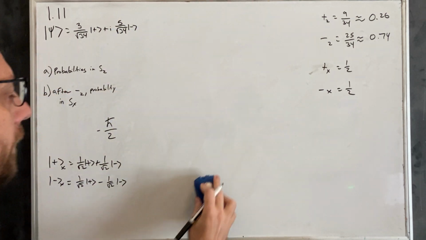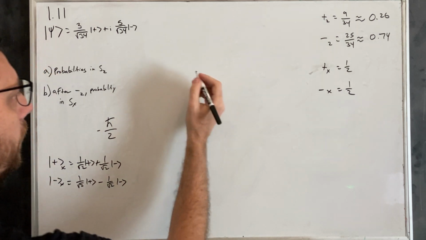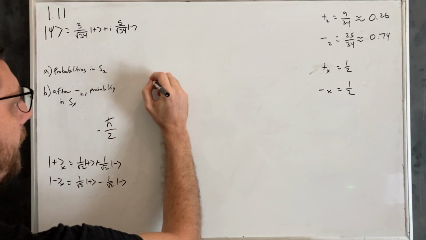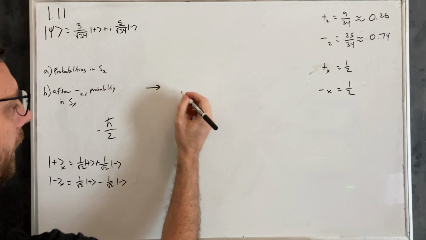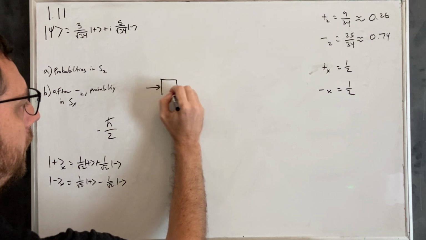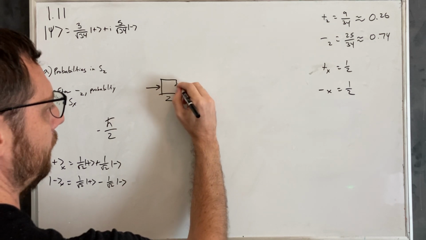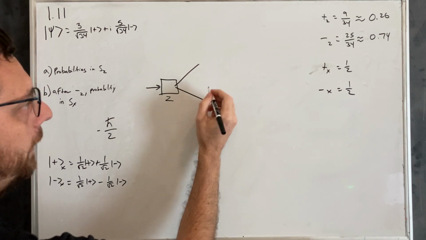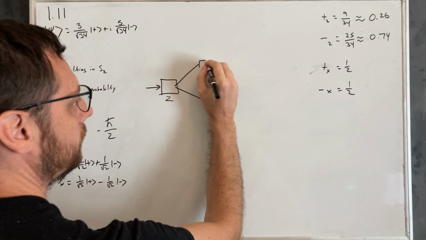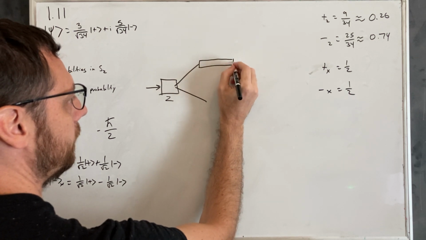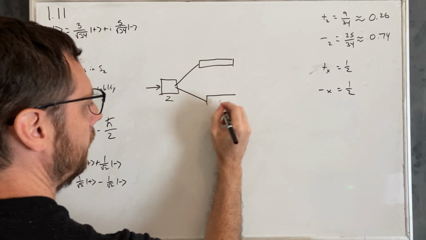So then it wants us to diagram this. So in the first instance, we had a beam coming in to our Z detector. So this is measuring in the Z basis, and we're going to measure, I have like 2 bars here, I guess.